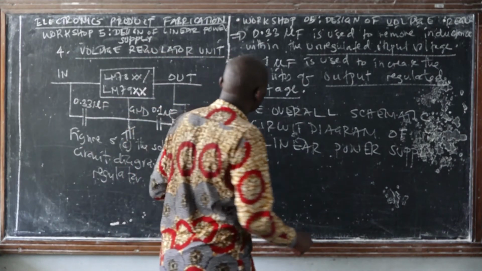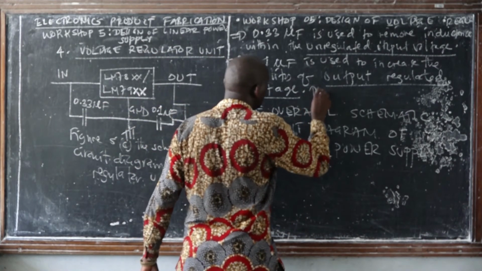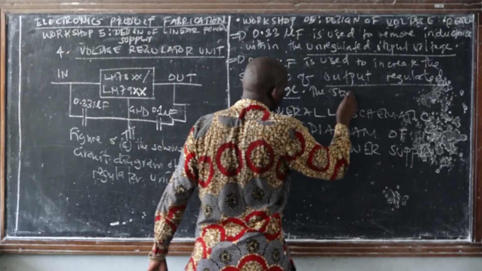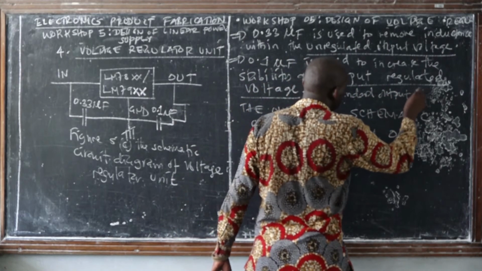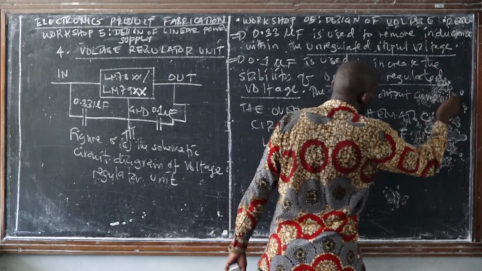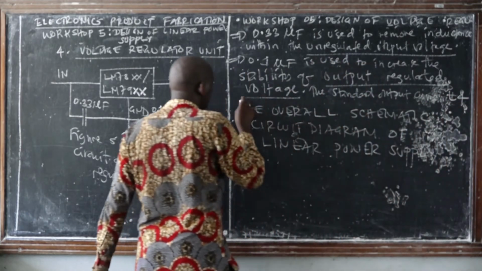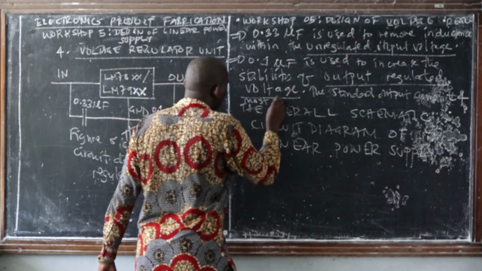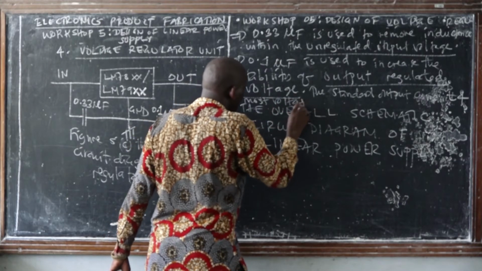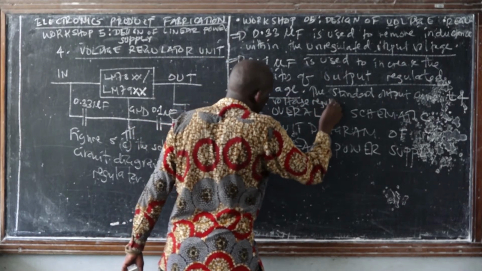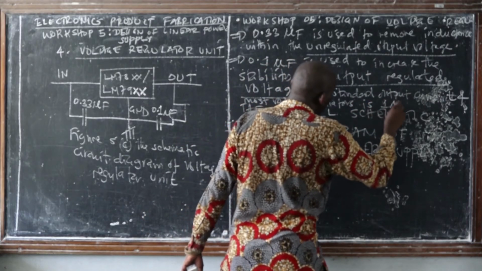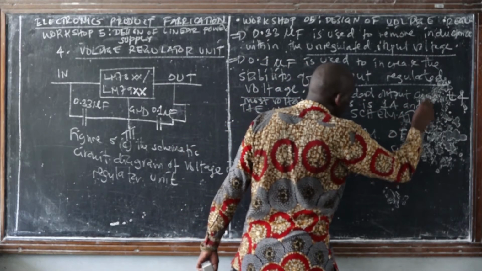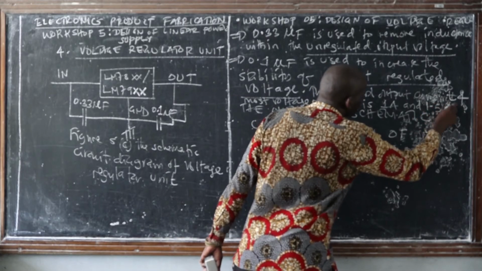So you say that the standard output current of most voltage regulators is 1 ampere and the low level 1.5 ampere.